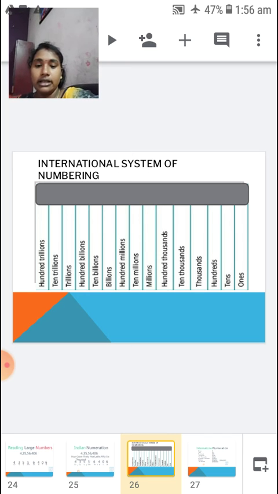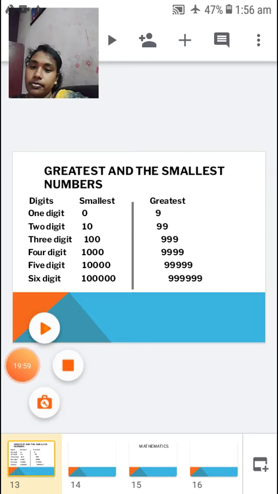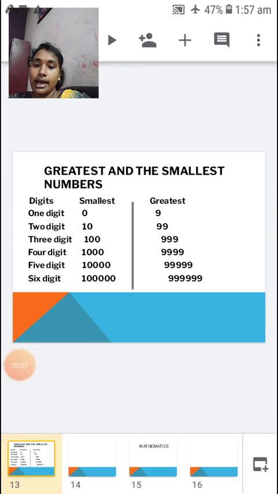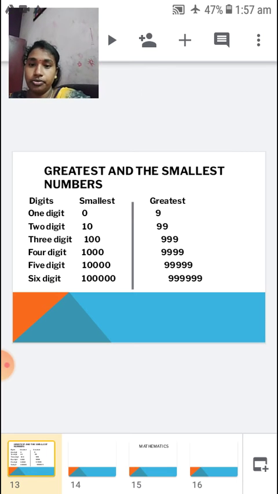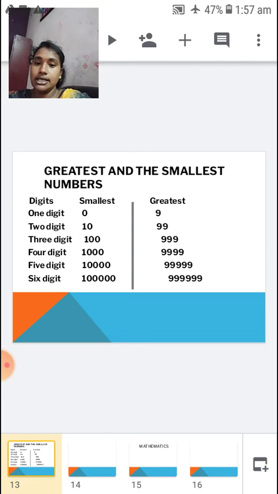And now finally we are going to see the smallest and the greatest numbers of each digit length. Okay children, are you ready? So here we have the smallest one digit number as 0 and the greatest one digit number as 9, the smallest two digit number is 10 and the greatest two digit number is 99.